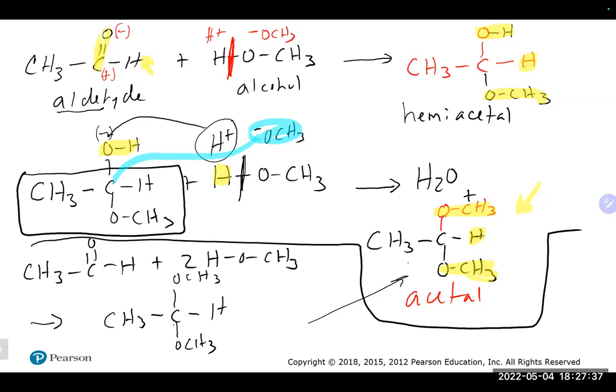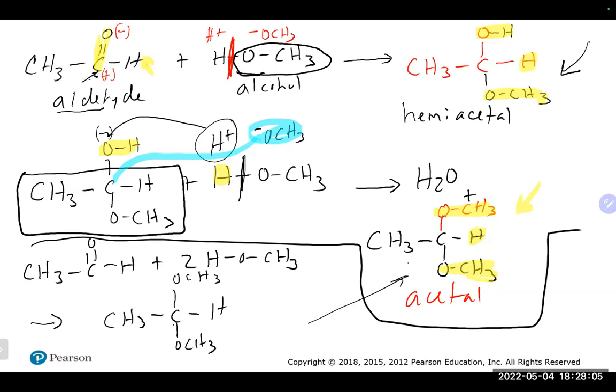Now, obviously, if you had one alcohol, you should stop at this part of it, and you would always have the OH in that case. So just adding one alcohol will always result in that hemiacetal, and it always should have that OH group and just the one oxygen carbon group. When I say oxygen carbon group, it's whatever basically is the leftover part of the alcohol after you take the H off of it. That's basically what will be attached to the carbon that was originally in the double bond.